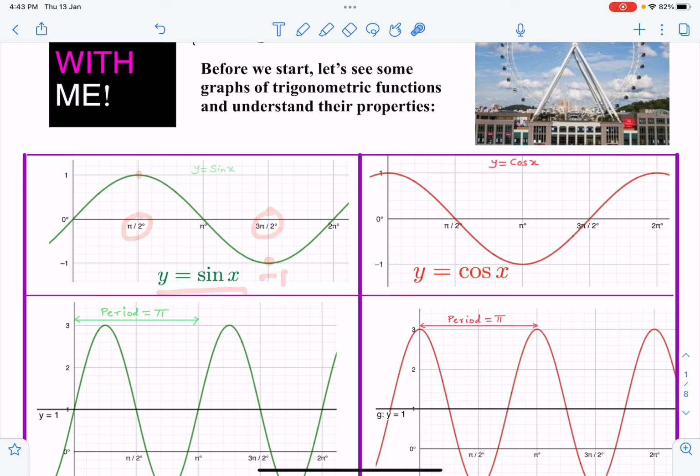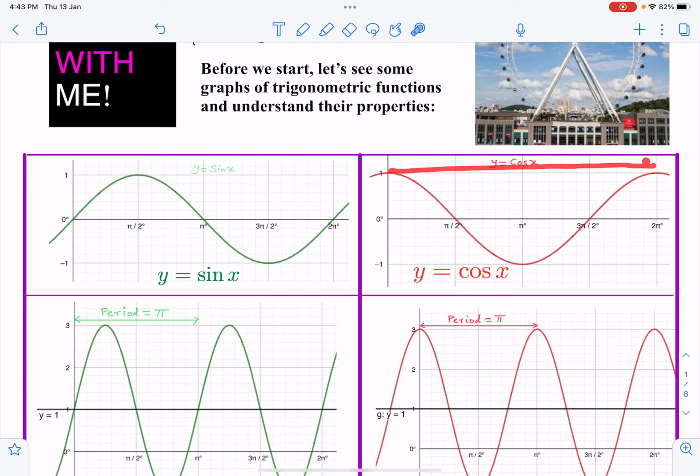Similarly, for the cosine function y is equal to cos x, the graph starts at the maximum position, whereas the graph for sine x starts at 0. So this is the difference between them. This starts at 1, reaches pi by 2 and becomes 0, then goes to pi and becomes minus 1, then reaches 3 pi by 2 and becomes 0, and finally at 2 pi it is again positive 1.